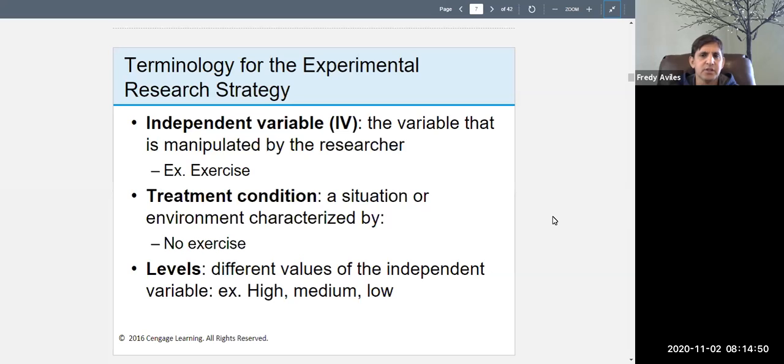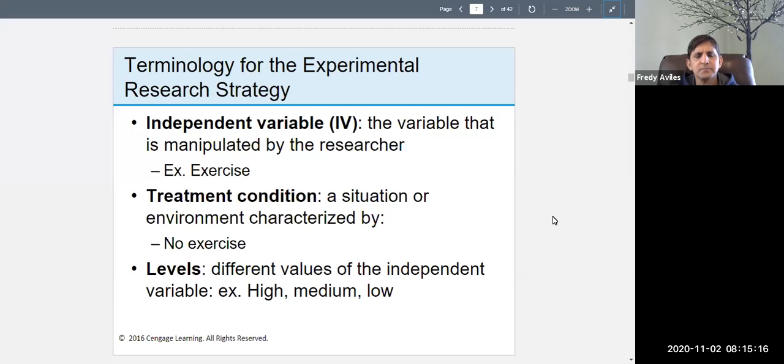A treatment condition is a situation or environment characterized by, oh, well, I left out some writing there. So a treatment condition is basically a feature of the independent variable. A treatment condition is a group that you create from varying the independent variable. There's some text left out there, so I have to explain this.